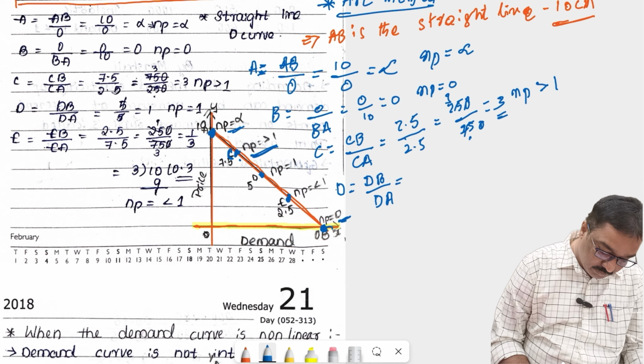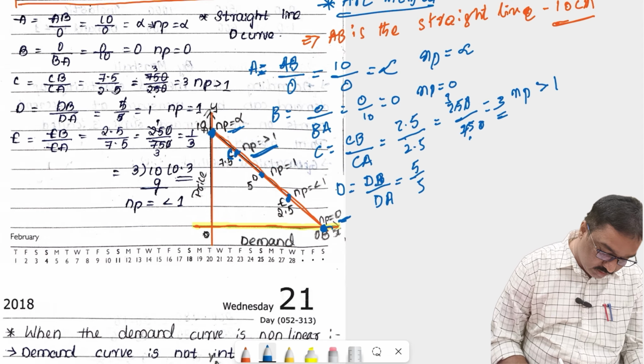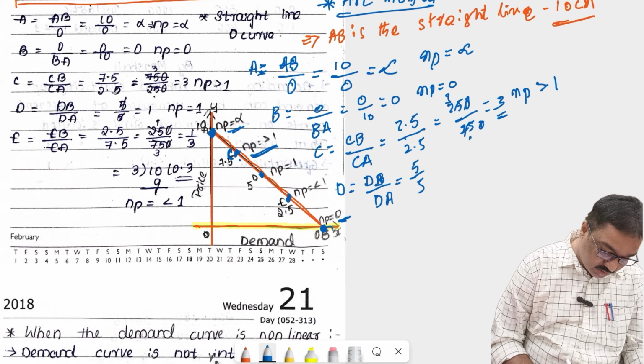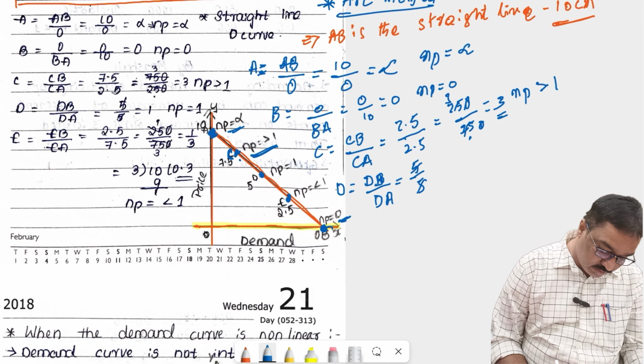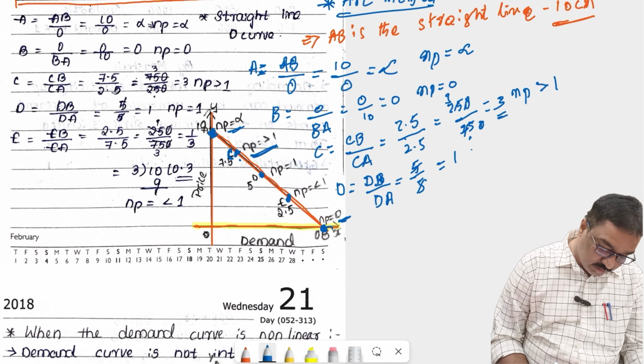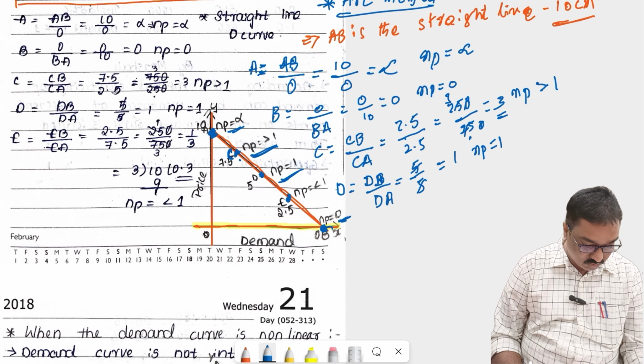DB is 5 centimeters, DA is 5 centimeters. Here to here, 5 centimeters. So 5 by 5 is 1. It means NP is equal to 1 at the point of D.